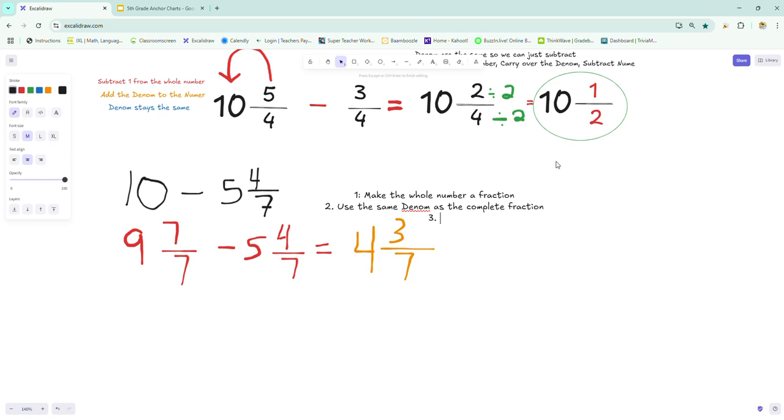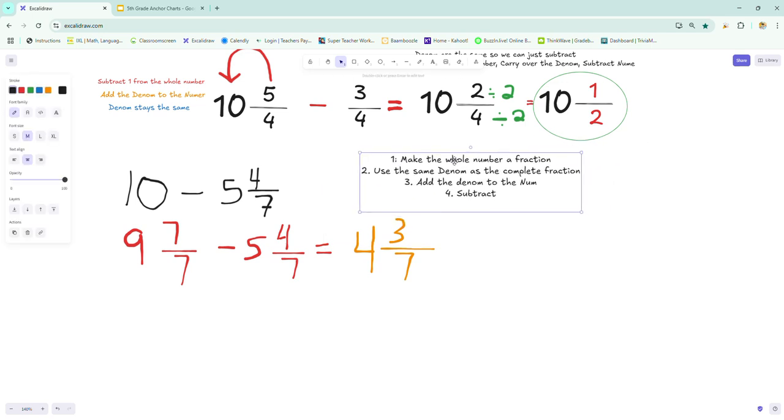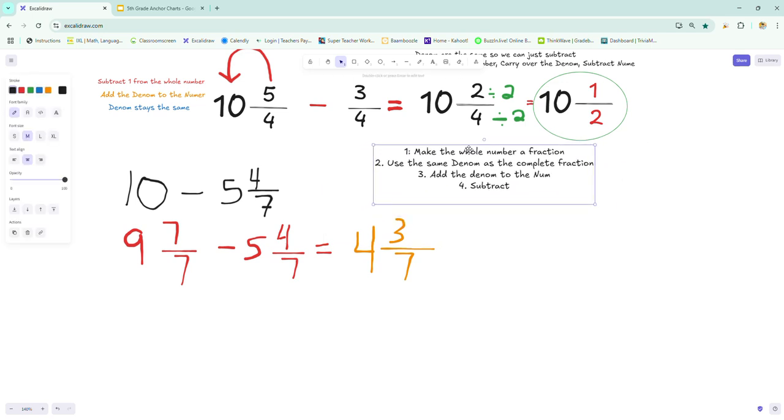And step 3 is to add the denominator to the numerator. Then step 4 is to subtract. Okay, so those are the steps. So this is one way.